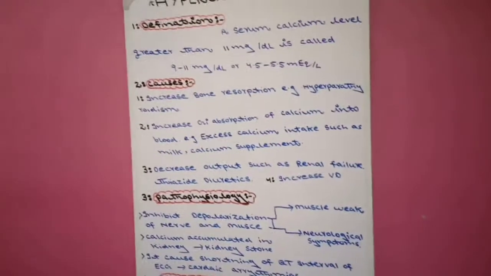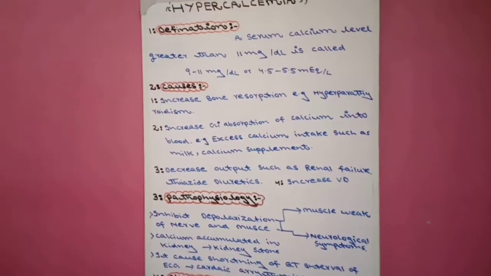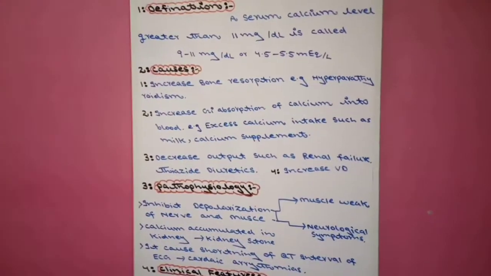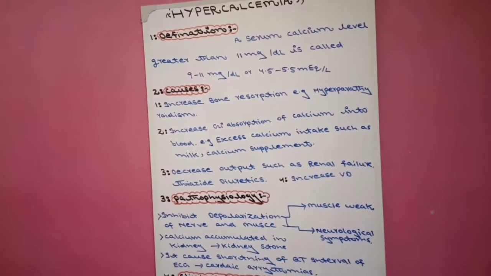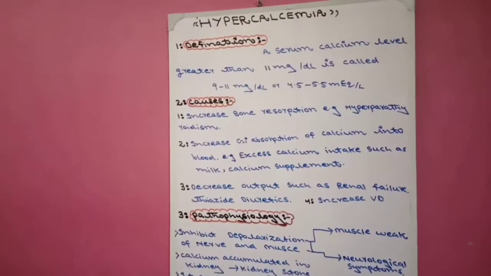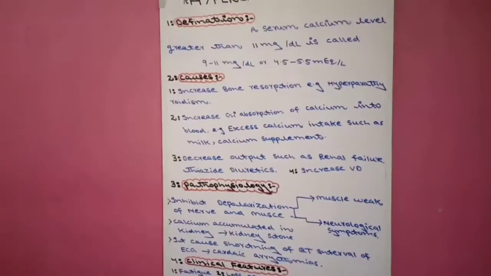For example, excess calcium intake such as milk and calcium supplements. If we increase the intake of milk, or the intake of calcium supplements orally, there will be more absorption of calcium from the GIT into blood, and as a result there will be hypercalcemia.